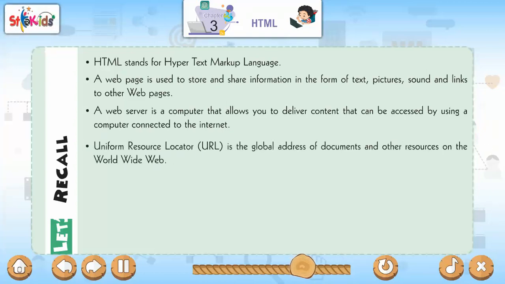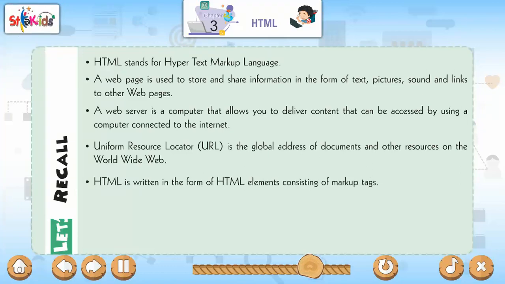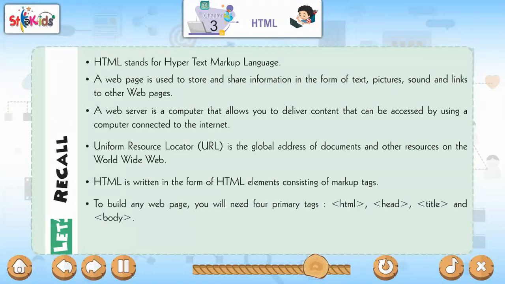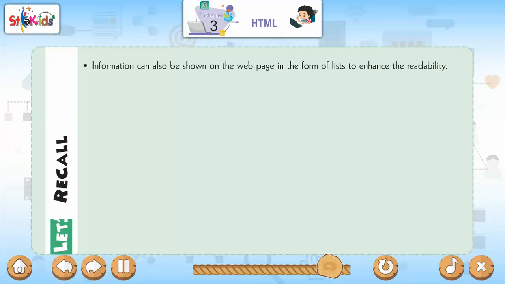Uniform Resource Locator (URL) is the global address of documents and other resources on the World Wide Web. HTML is written in the form of HTML elements consisting of markup tags. To build any web page, you will need four primary tags: opening tag HTML closing tag, opening tag head closing tag, opening tag title closing tag, and opening tag body closing tag.